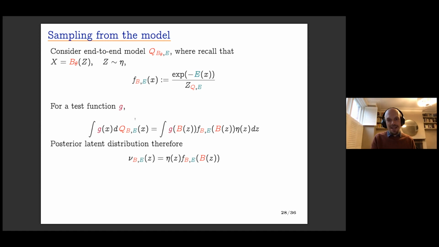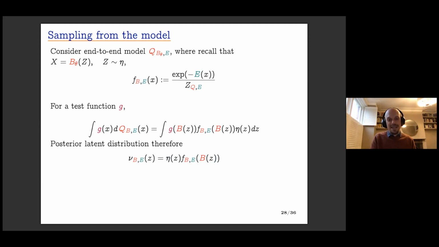The way that I can understand that is by looking at the expectation of a function g under my model. If I have a function g and I take its expectation under Q, then it's g of z pushed through the generator, and then this importance weighting. So from this, I understand what my posterior looks like. My posterior looks like the prior over z times this f evaluated at the generator of z.